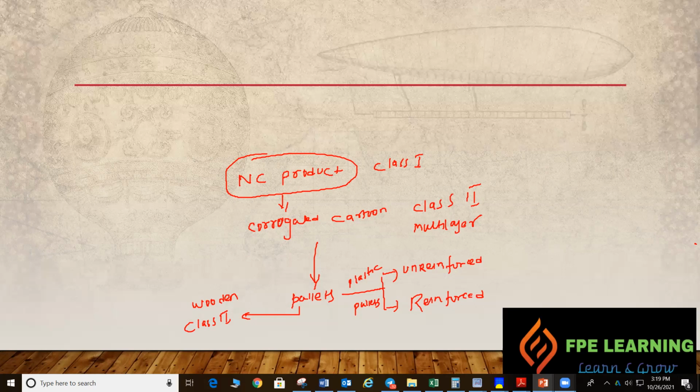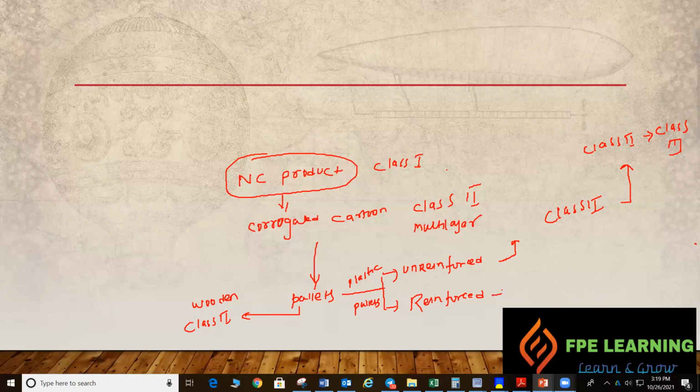So suppose this product is marked on the pallet as unreinforced. NFPA says that class 2 shall increase by one higher degree of commodity classification. So class 2 will become class 3, sorry, class 3, right? Due to the unreinforced plastic pallet.